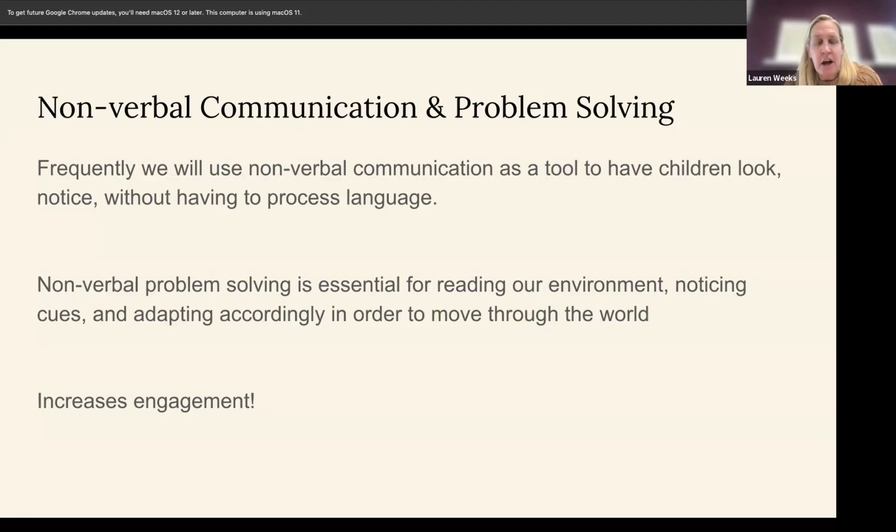Another aspect of communication that is really, really important and very much underestimated. There are talks, I'll do a whole two hour talk for professionals on nonverbal communication. It's probably my favorite topic because I think we underestimate it and underutilize it.